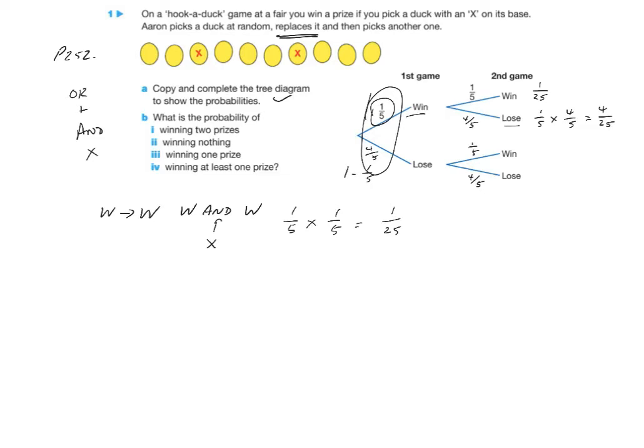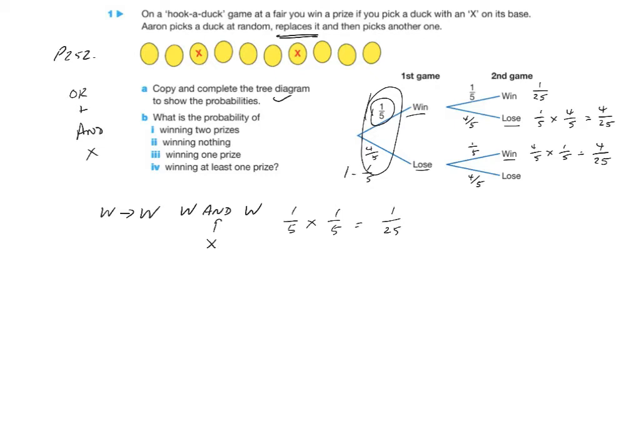What about the next one where I've got lose and win? Well, that's going to be 4/5 times 1/5, which is the same probability, because essentially it doesn't matter which way round it is. You either win first or second. It doesn't affect the probability.